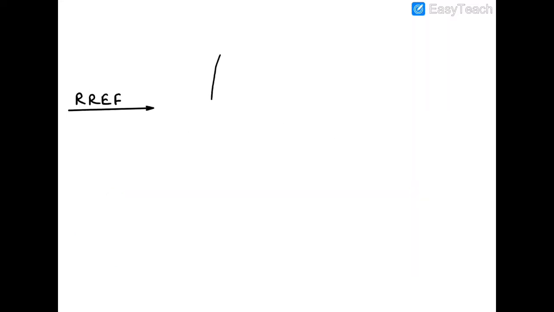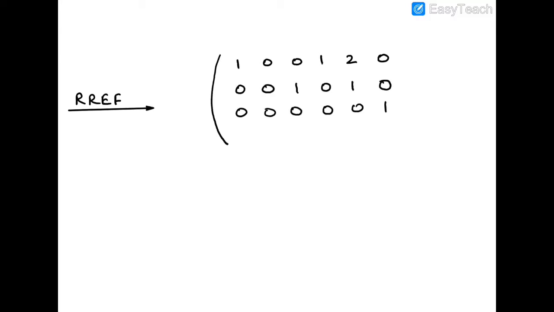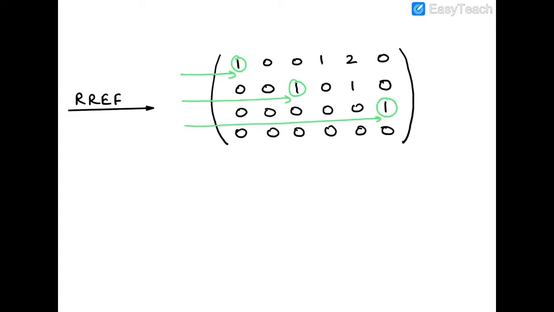So if 1 0 0 1 2 0, 0 0 1 0 1 0, 0 0 0 0 0 1, 0 0 0 0 0 0 be any matrix in RREF, then the leading entries for rows 1, 2, 3 are 1 and these are the pivots.